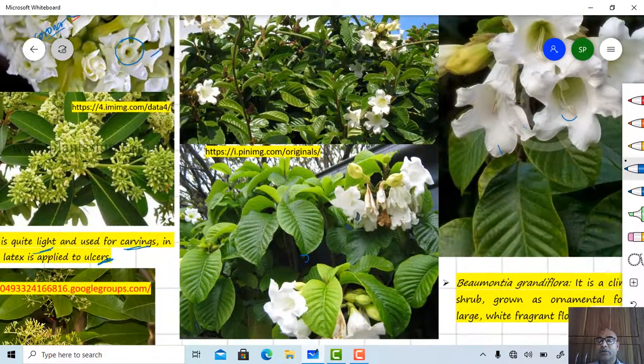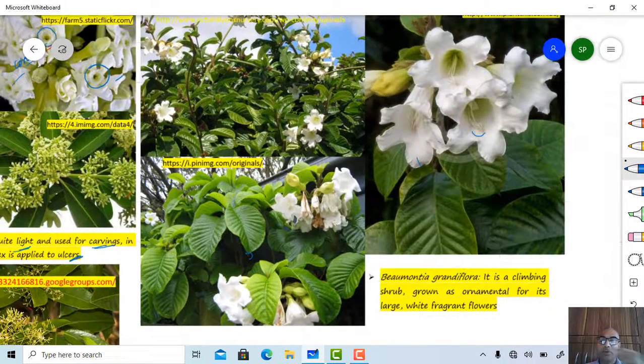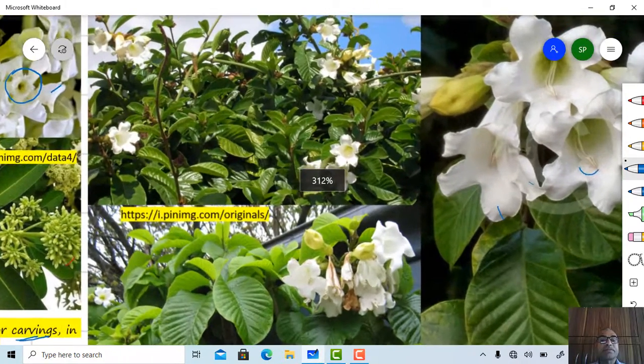Then the next one is Beaumontia grandiflora. Beaumontia grandiflora is a climbing shrub, grown as an ornamental plant, as well as for its white fragrant flowers.